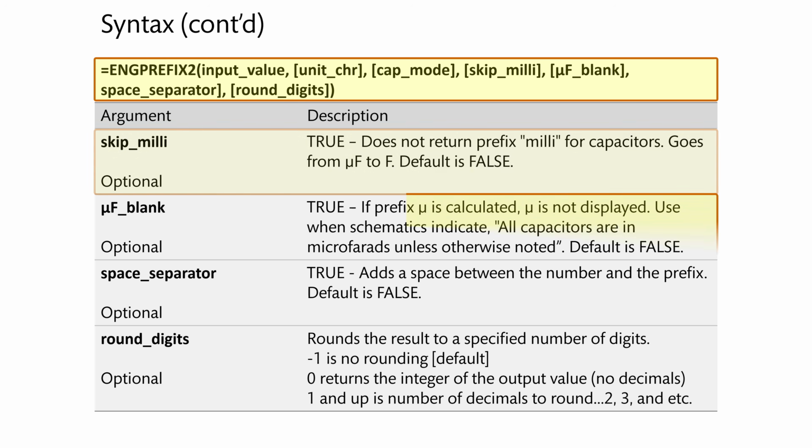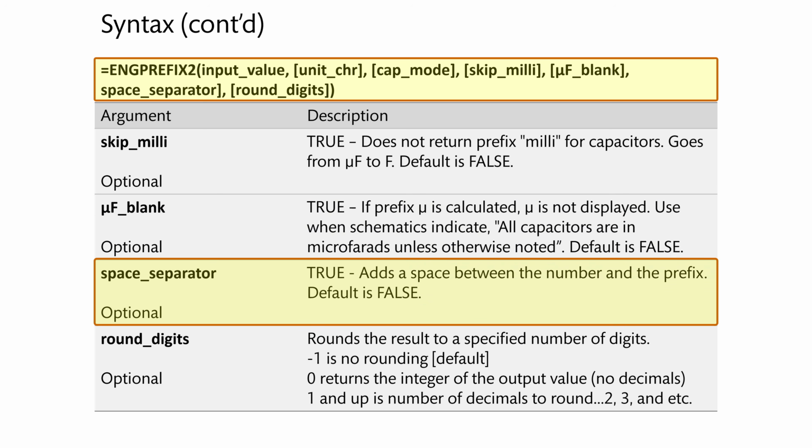Next is microfarad blank. If true, and if the prefix mu is calculated, mu is not displayed. This is useful when schematics indicate all capacitors are in microfarads unless otherwise noted. It's there to reduce clutter in schematics, and the default is false. The space separator, if true, adds a space between the number and the prefix.